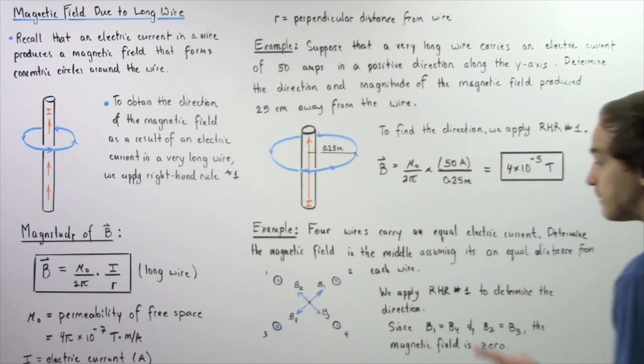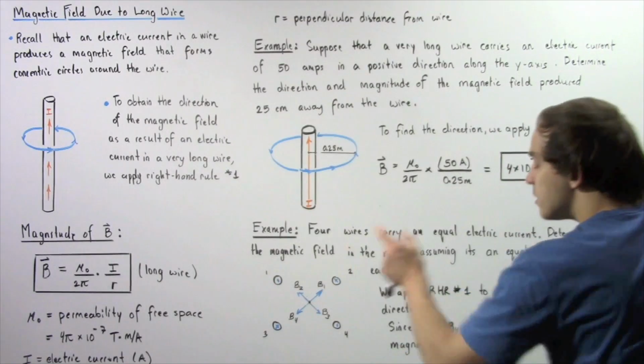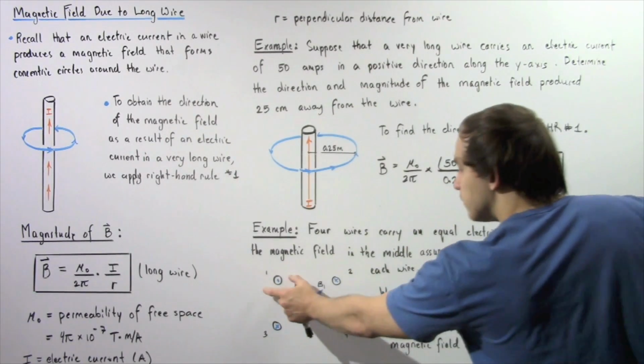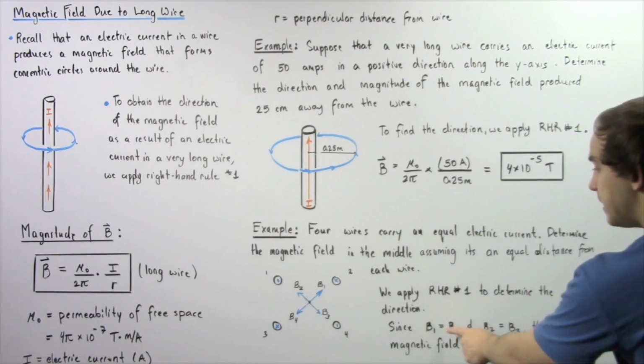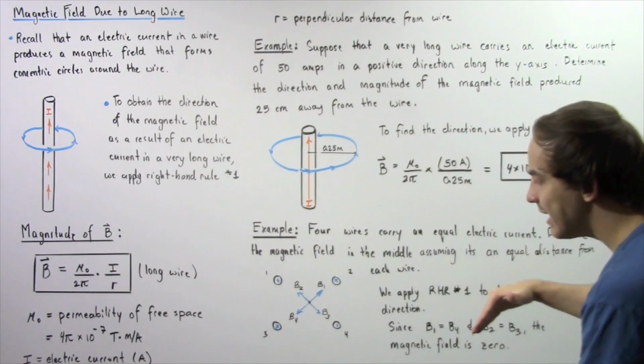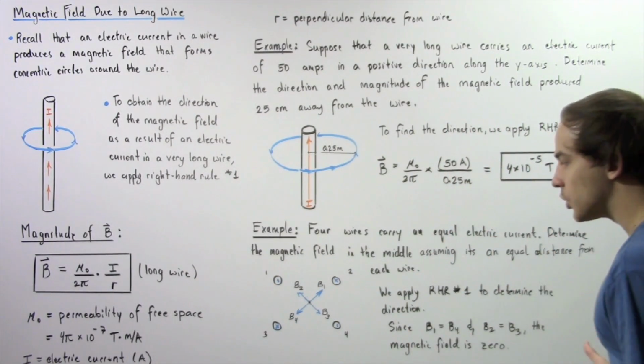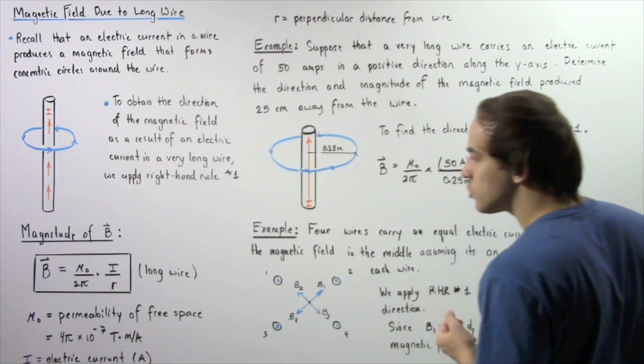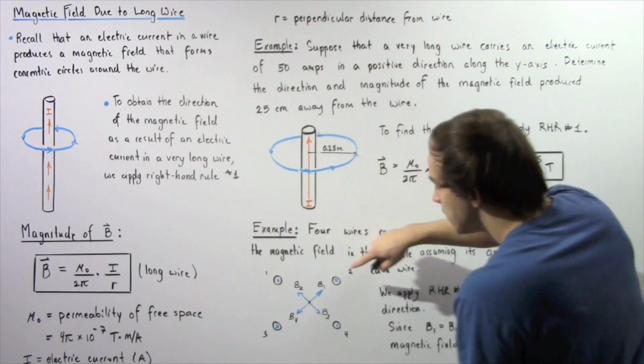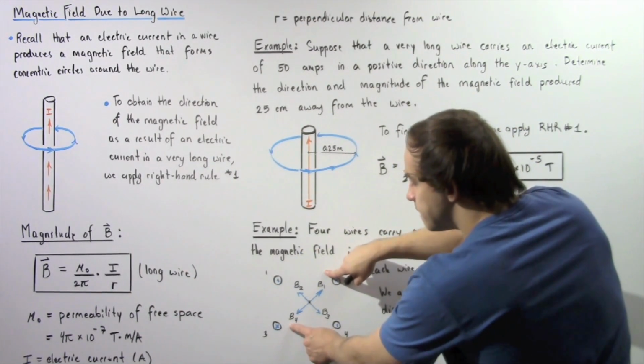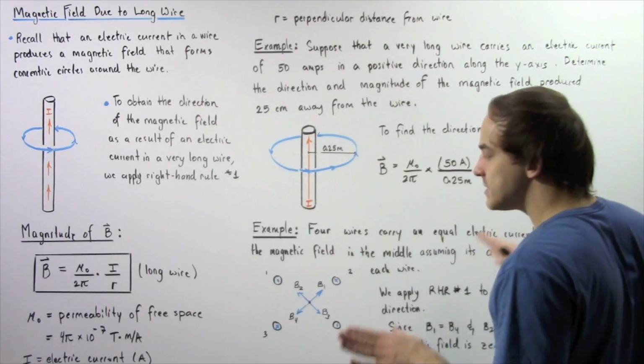Now we continue the same exact rule for 2, 3, and 4, and we get the following diagram. Notice that because B1, the magnetic field as a result of electric current 1, and B4 have the same magnitude because they have the same current. And because our distance is also the same by this equation, B1 is equal to B4, but they have opposite signs.